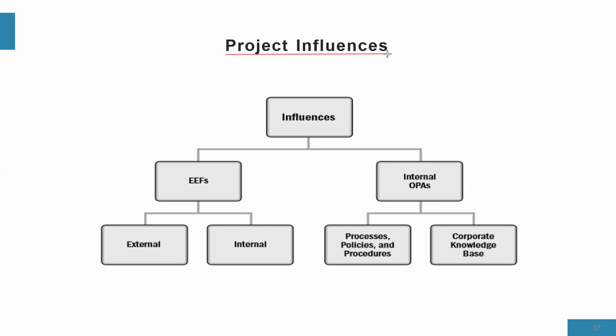And unless you have some superpower, there's nothing you can do to the rain. So influences are those things that the project manager cannot control. It's out of his pay grade, out of his league. There's nothing he can do. But he still has to manage the project within those constraints, those influences. And that's what we want to discuss.